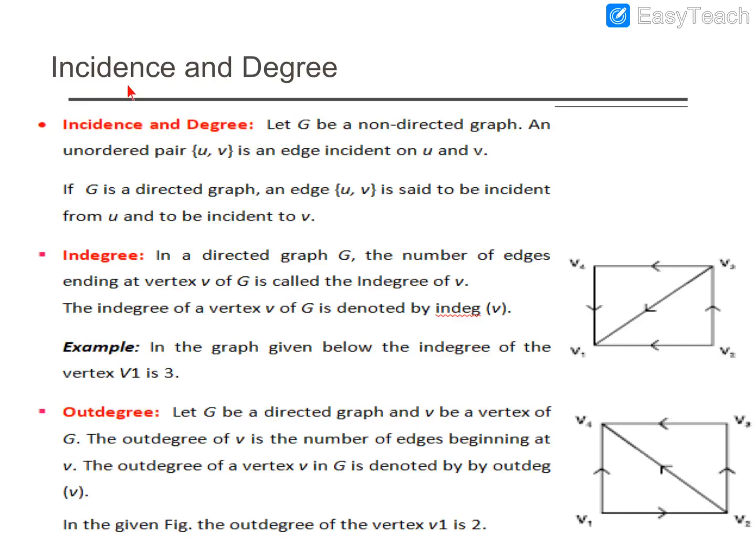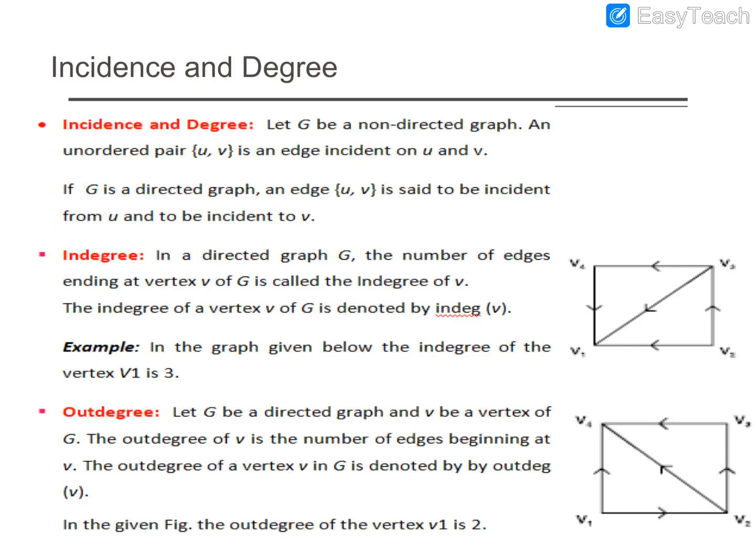Now, incidence and degree. Let G be a non-directed graph. An unordered pair UV is an edge incident to U and V. If G is a directed graph, an edge UV is said to be incident from U and incident to V. Now, what is in degree and out degree in a directed graph?